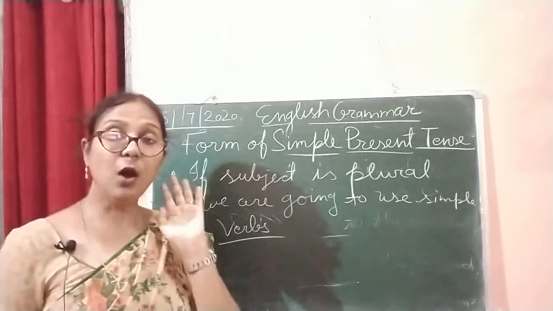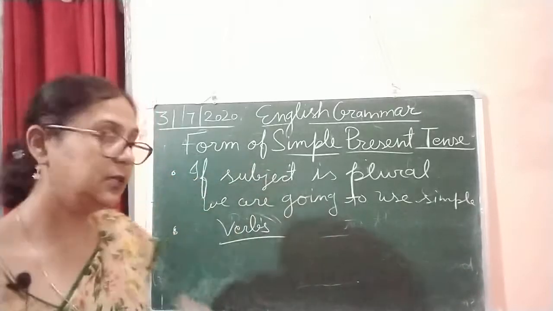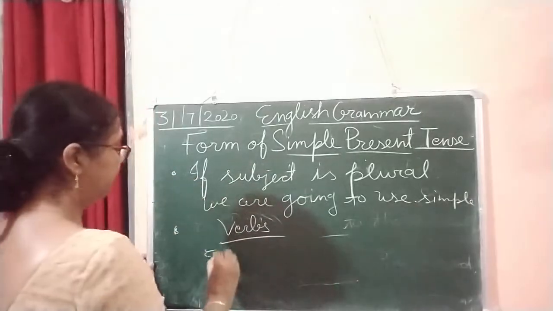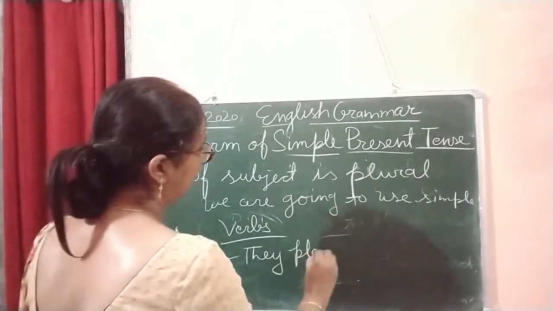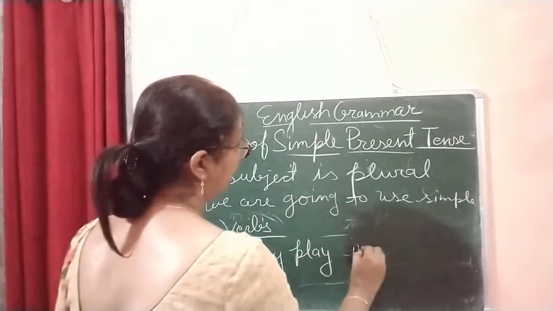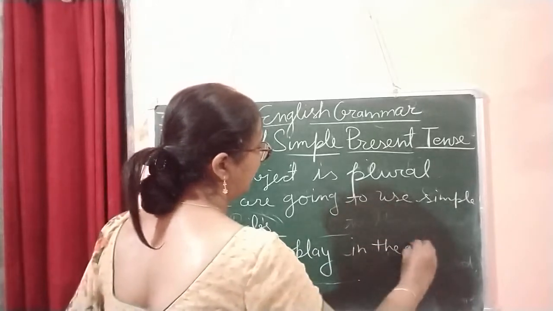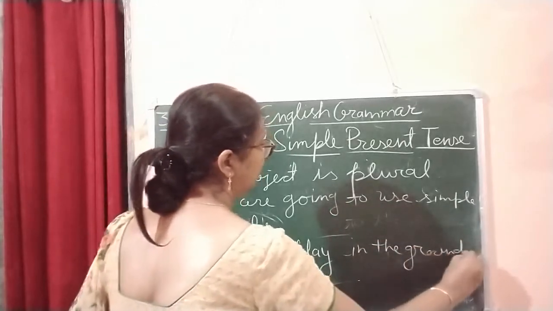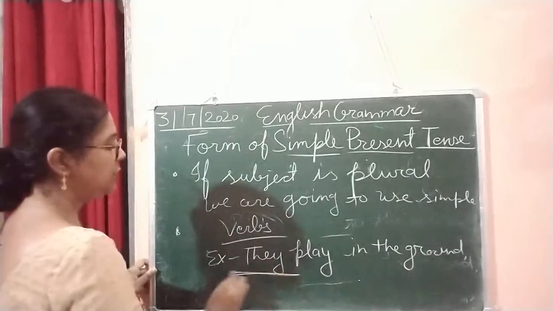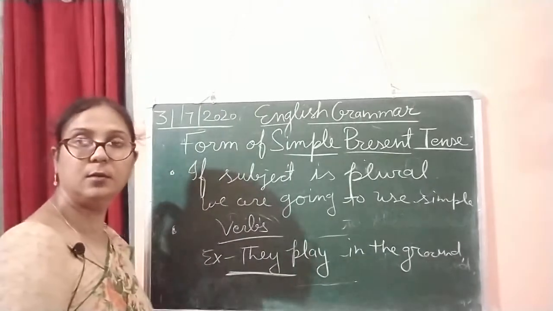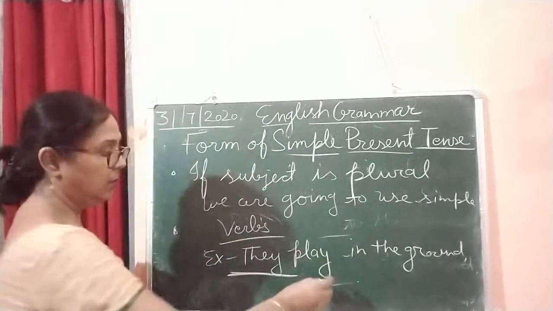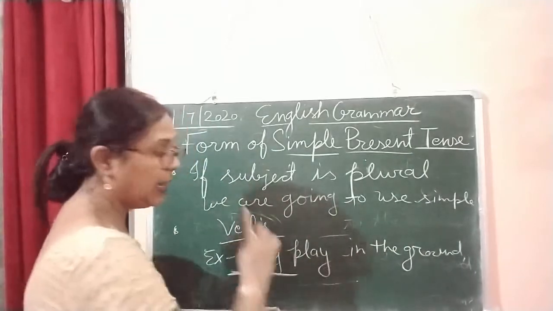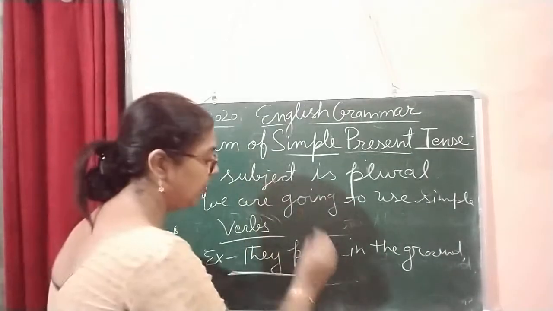We should not use S or ES. For example, they play in the ground. So here you can see the subject is plural. So, they play in the ground. We are not supposed to use S over here.